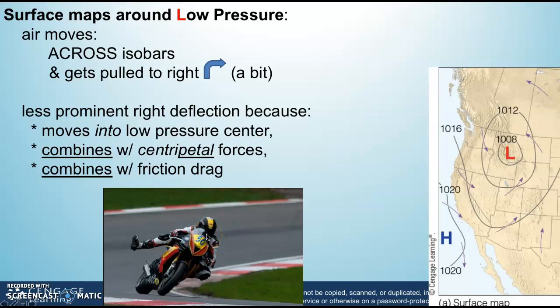That motorcyclist is slowing down around the curve as he's being pulled in. So while you would go into the low and go across the isobars, you're also being pulled into the low by the centripetal force, and you're being slowed down by the friction. So you're not noticing very much of a pull to the right. It's there, but it's not as big a deal as around the high pressure systems.